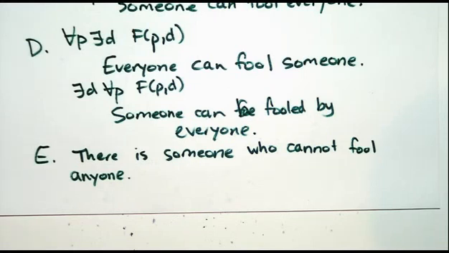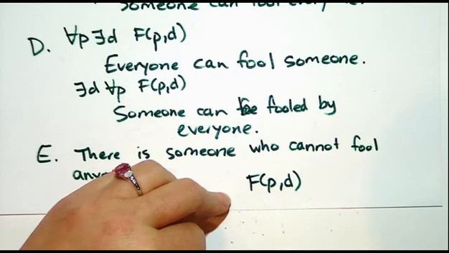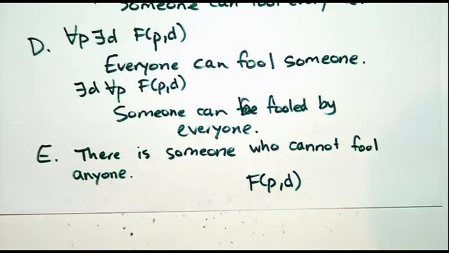So I'm going to show you my process. I want you to take what you have on your paper. What I do is I figure out the predicate first. So I usually write F of PD first, and then I figure out if it needs a negative in front of it. It says cannot fool, so it should have a negative right in front of the fool, because the English has put in the negative right in front of fooling, right?